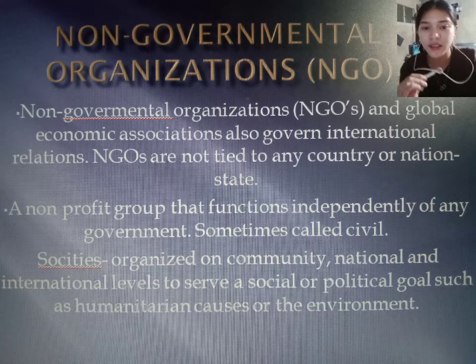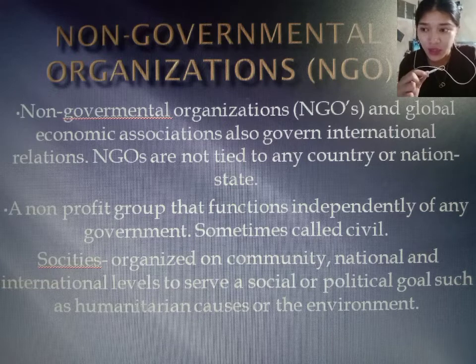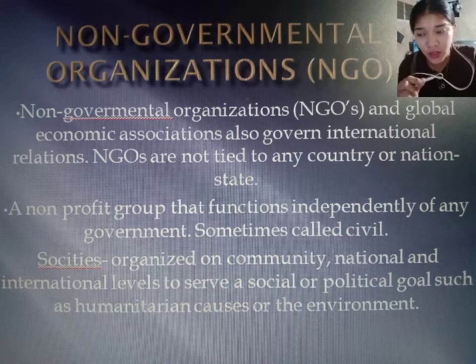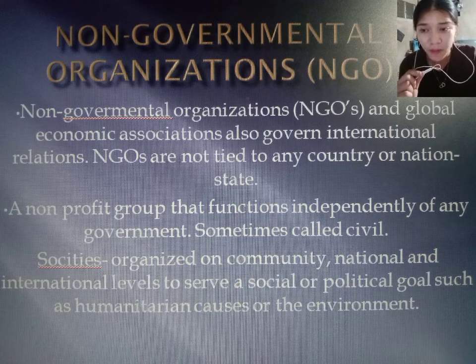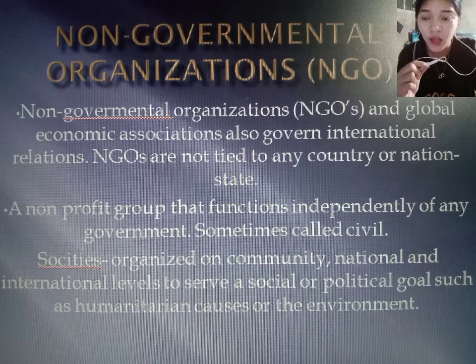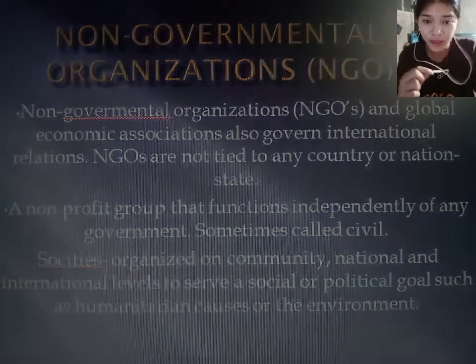In addition, an NGO is a nonprofit group that functions independently of any government, sometimes called civil societies, organized on community, national and international levels to serve social or political goals such as humanitarian causes or the environment.